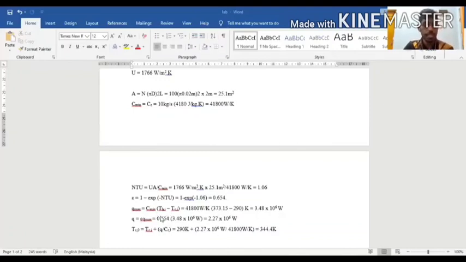With the maximum heat rate of the heat exchanger and the effectiveness, we can find the actual heat rate. From the actual heat rate, we find the temperature difference, and we rearrange the equation to find the outlet temperature of the water, which is on the way to the boiler. So from there we found the temperature.